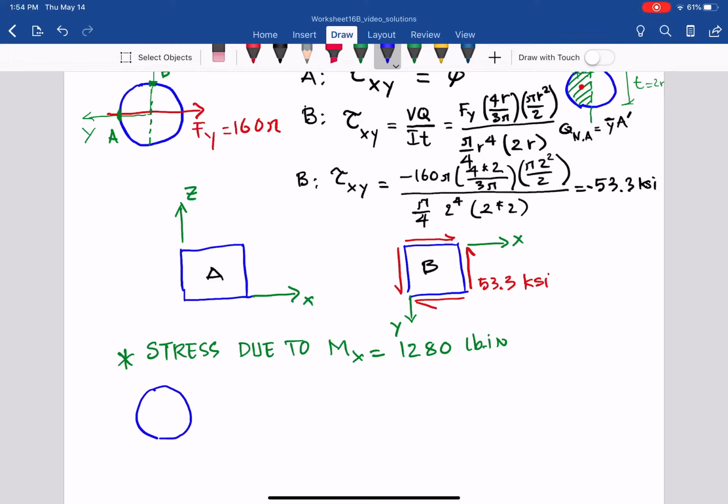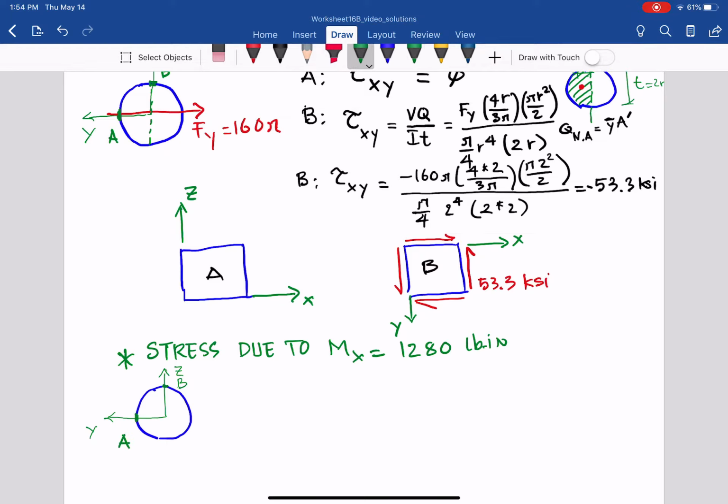On AB we have that E, Z, this is Y, and we have this point here, point B, and point A here.